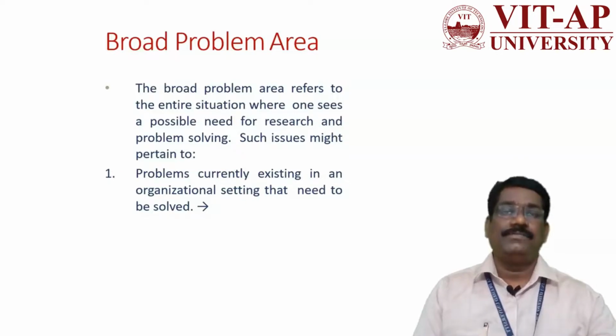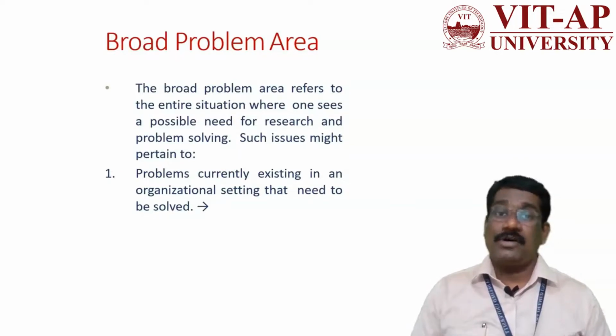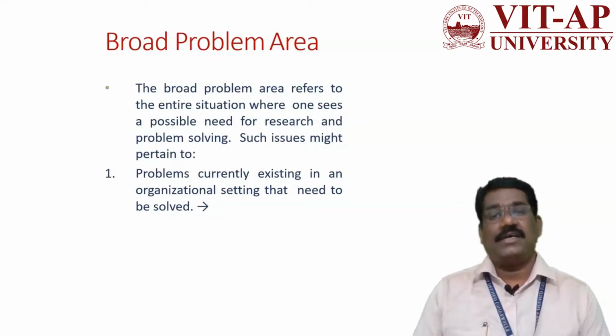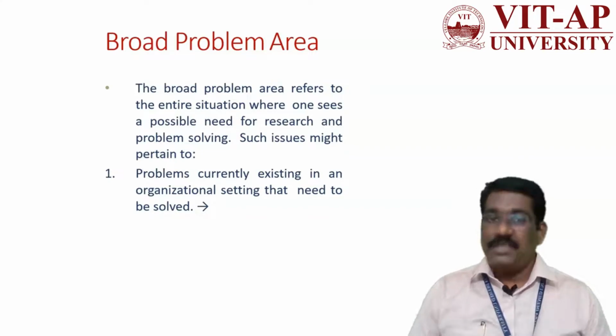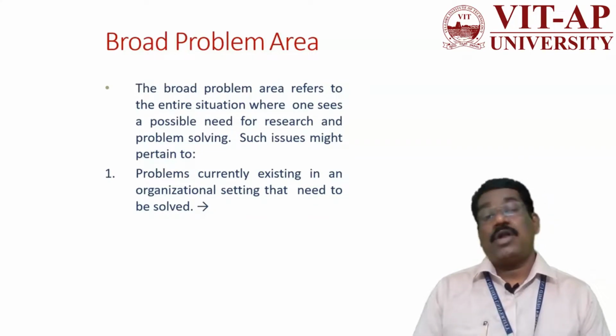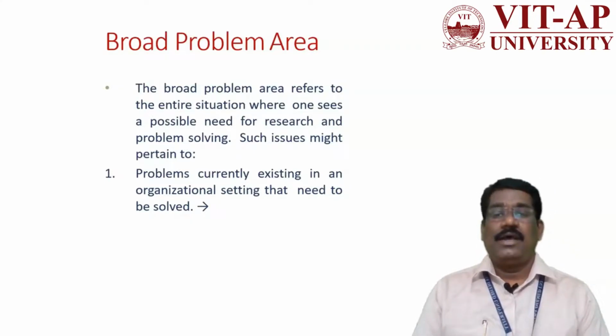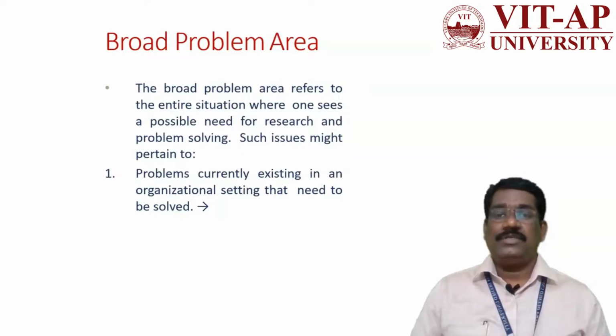For example, employee turnover is observed in an organization. It means that something is going wrong. So he has to identify the factors associated with employee turnover. Employee turnover seems to be the broad problem area, and he needs to scrutinize the relevant factors associated with it.